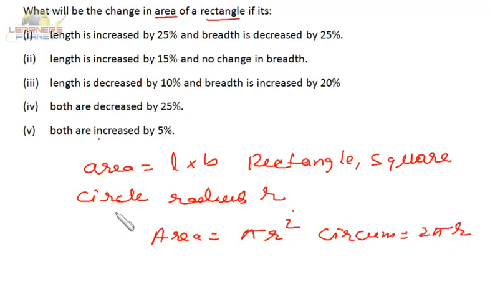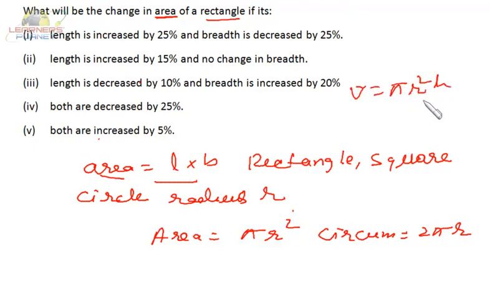So for every quantity there is a relation. Here the relation is between area, length and breadth. Here the relationship between area and radius. Here the relationship between circumference and radius. Or suppose I take the example of a cylinder. The volume of cylinder is pi r square h.